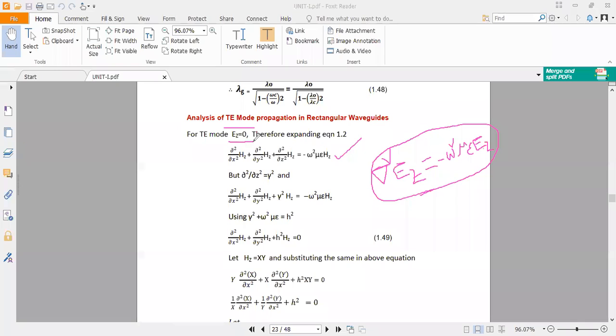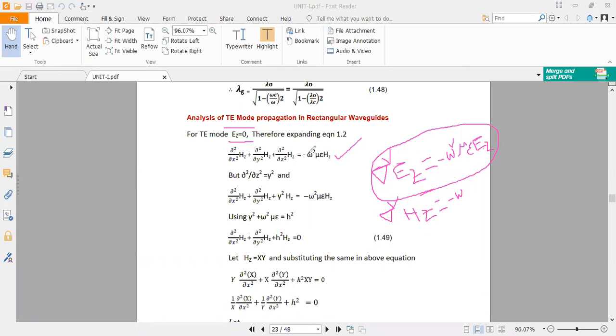So what is the Helmholtz equation I should take? I should take the second Helmholtz equation. Del square Hz is equal to, as usual, minus omega square mu epsilon Hz. The remaining expression is as it is.